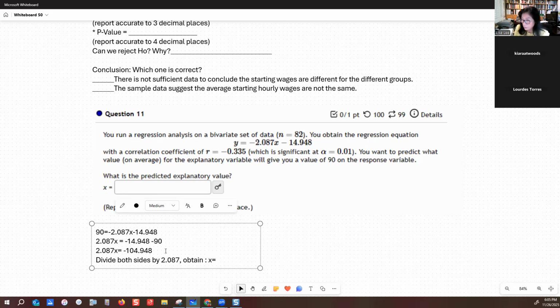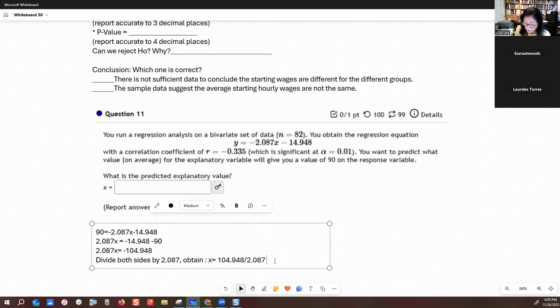Obtain x equals. You will have negative divided by positive, which will be negative, right? You will have 104.948 divided by 2.087, like this.